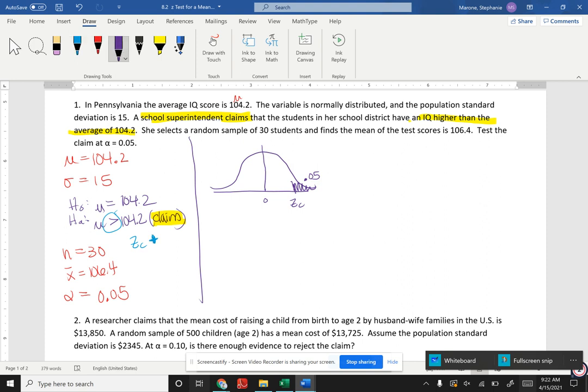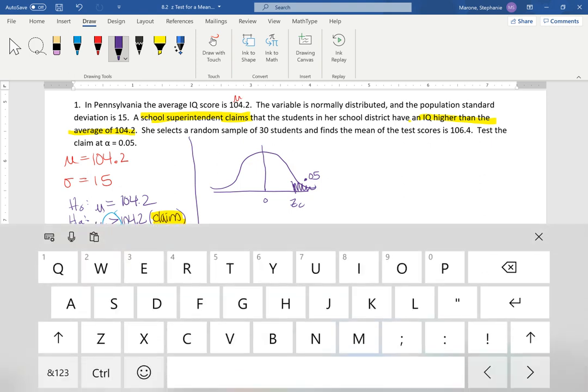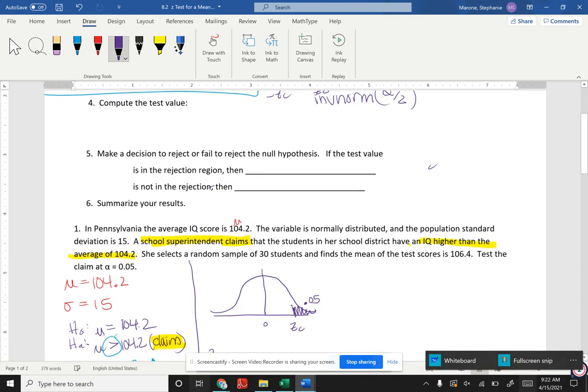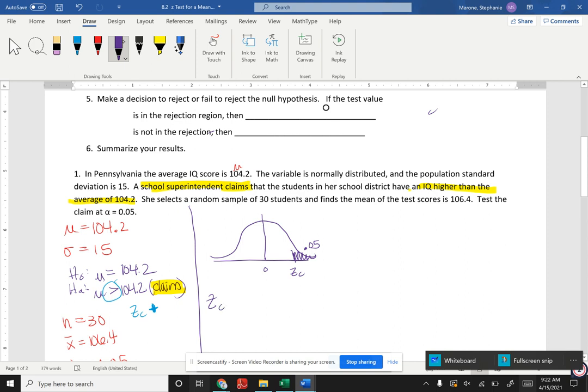To find Z sub C, we do the inverse norm of 0.05.